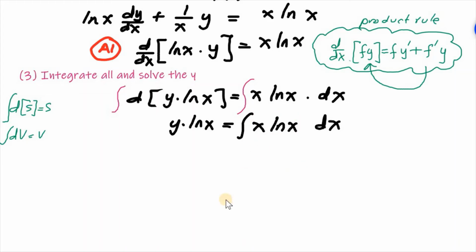For those who have not solved this, you are supposed to use IBP, integration by parts. Before I show you the solution, everybody be responsible for your work. Pause the video and try this one first.